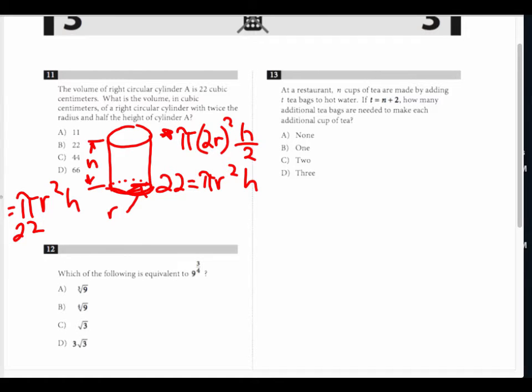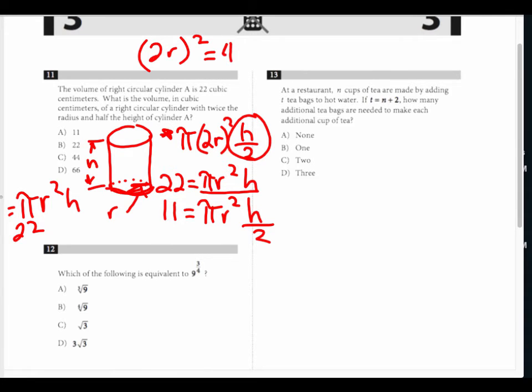So the first thing that I'm going to have to do is to get this h divided by 2, I'm going to have to divide everything by 2. So if I divide everything by 2, I get 11 is equal to pi r squared h over 2. Now remember that 2r squared is the same as 4r squared.